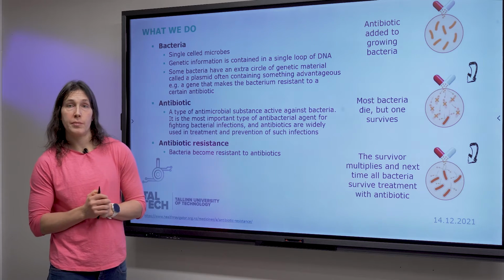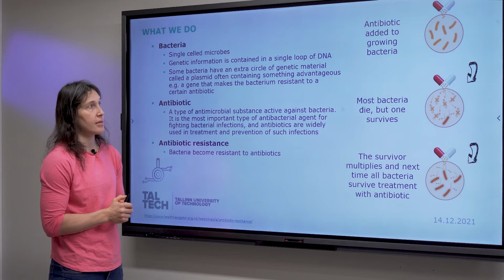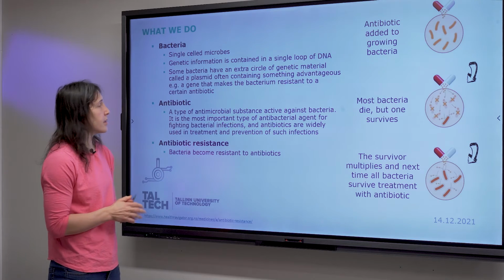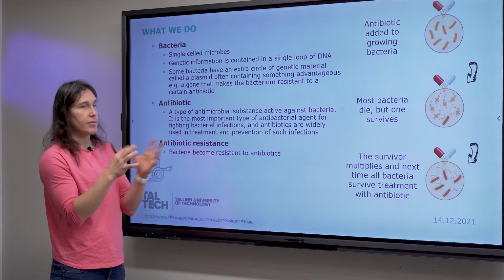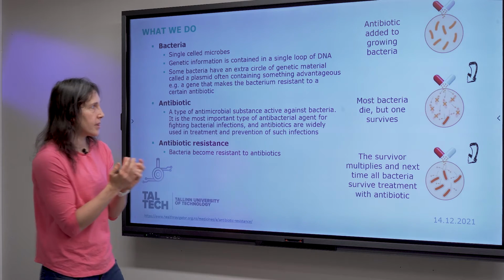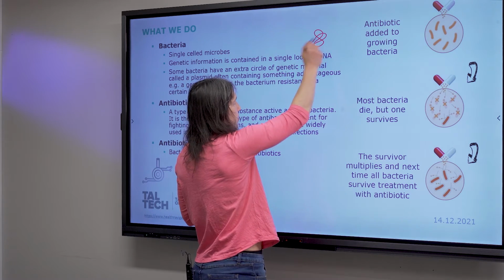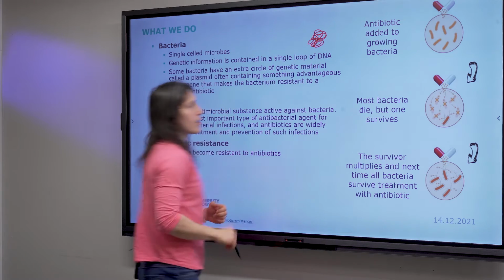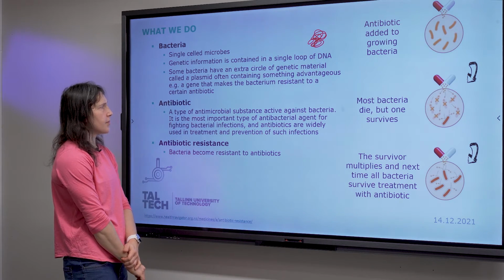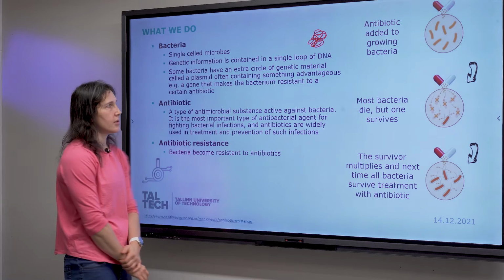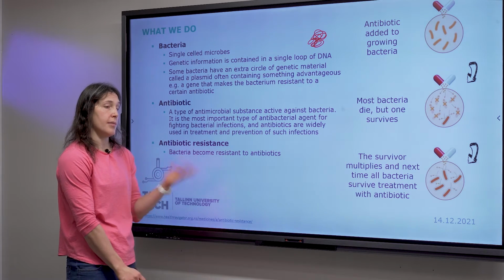Well, we mainly work with bacteria. These are single-celled microbes, and their genetic information is contained in a single loop of DNA. It looks very much just like a scramble. This is usually the DNA. But some bacteria actually have an extra circle of genetic material, which we call a plasmid.